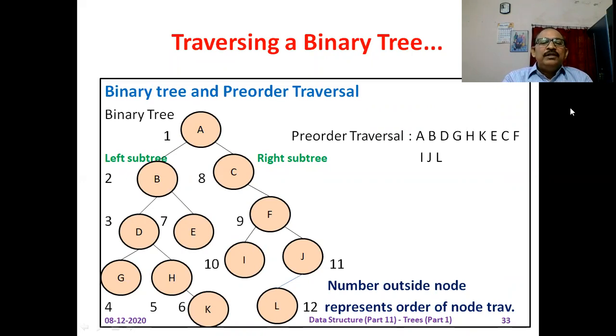Here you can see left and right subtrees are empty. The next most recent suspended activity is the right subtree of node B. The root of the right subtree of node B is E. E is printed on the screen, and the left and right subtrees are empty.